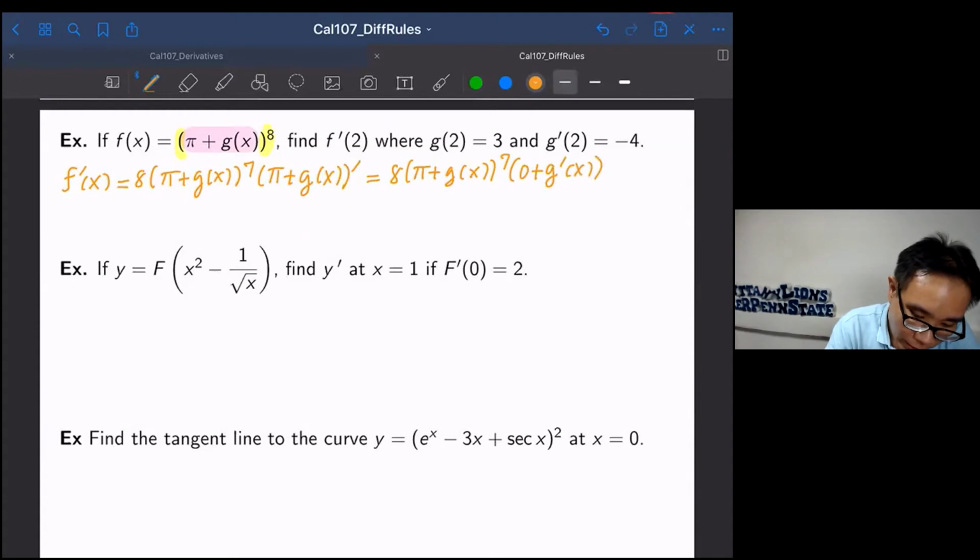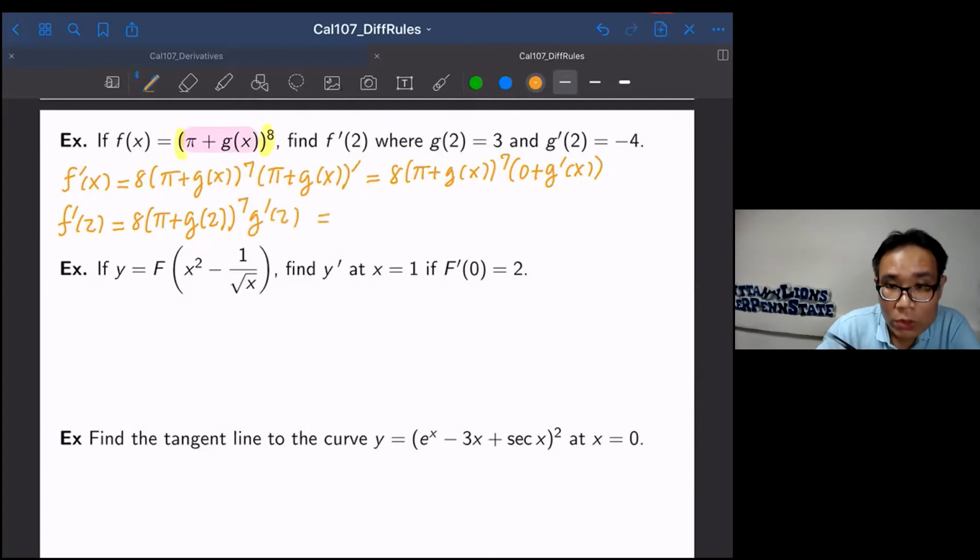Okay, and you have f'(2) will be (8π + g(2))^7 times g'(2). So you get 8π + g(2) is 3, to the 7, and g'(2) equal to negative 4.